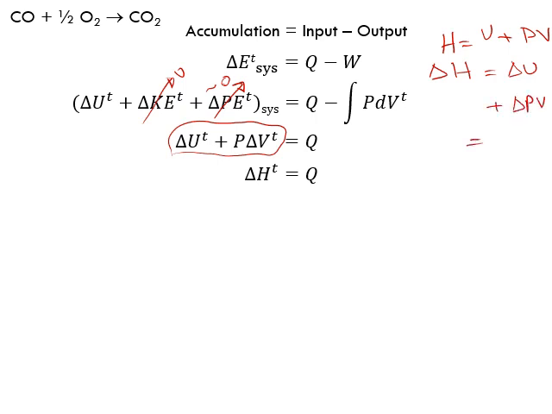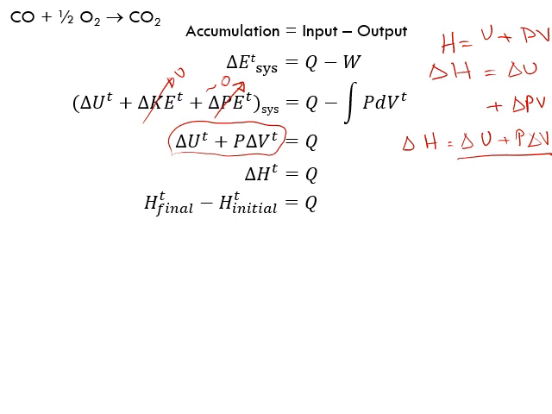But of course, here P is constant, so it goes outside the delta. So this equals delta H, and all of this is for the total of the system. So we have delta H total equals Q. Tamam?